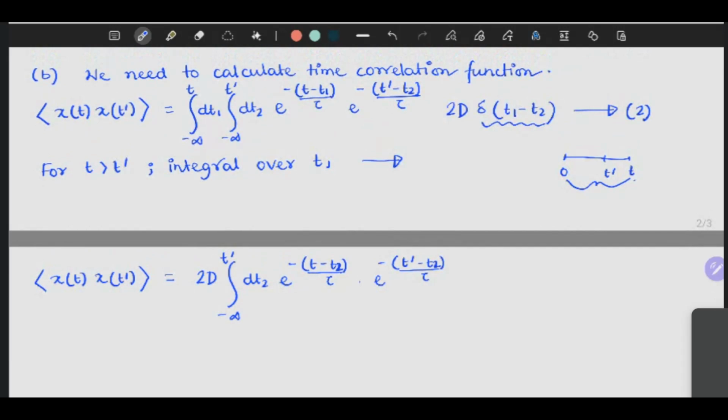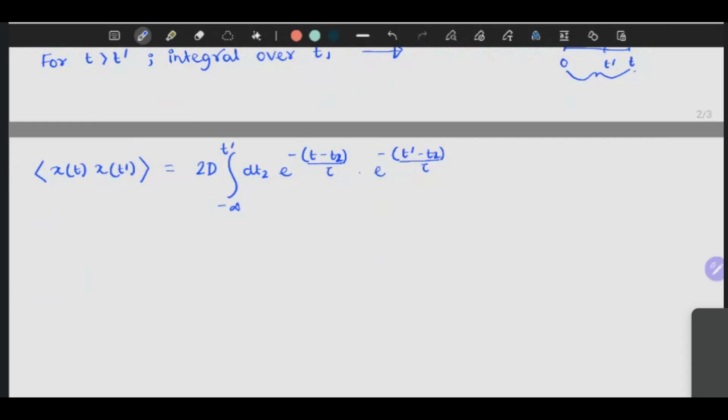So then it becomes equal to 2D, this e to the power minus (t plus t prime)/tau will be outside, times the integral from minus infinity to t prime dt2 e to the power 2t2/tau.